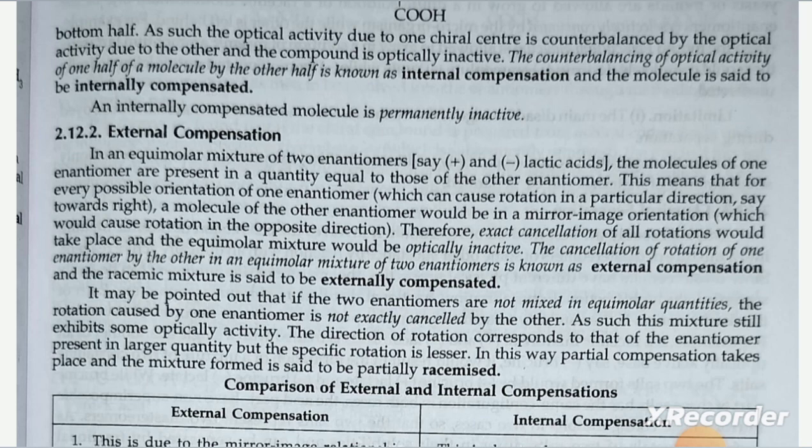Therefore, exact cancellation of all rotation would take place and the equimolar mixture would be optically inactive. The cancellation of rotation of one enantiomer by the other in an equimolar mixture of two enantiomers is known as external compensation, and the racemic mixture is said to be externally compensated.